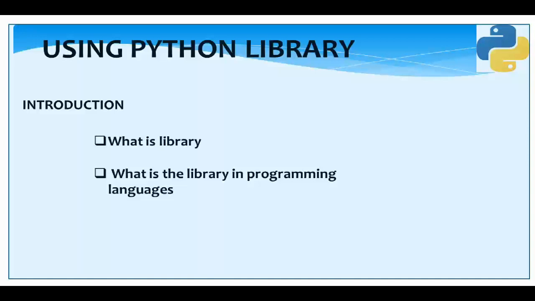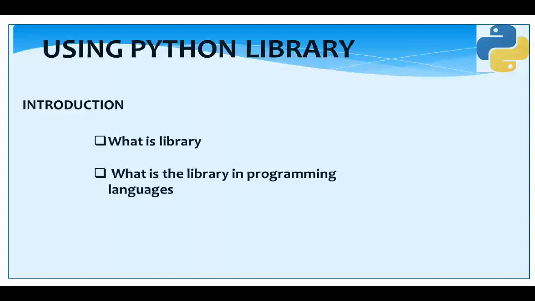For example, in Python you must have used the math module last year in class 11 to perform various mathematical operations. It contains functions to find the square root, absolute value, cos and sine of an angle, etc. These functions are kept together in a single file called the math module. There are various other such modules or files available in Python in which related functions are kept, and these are called modules.